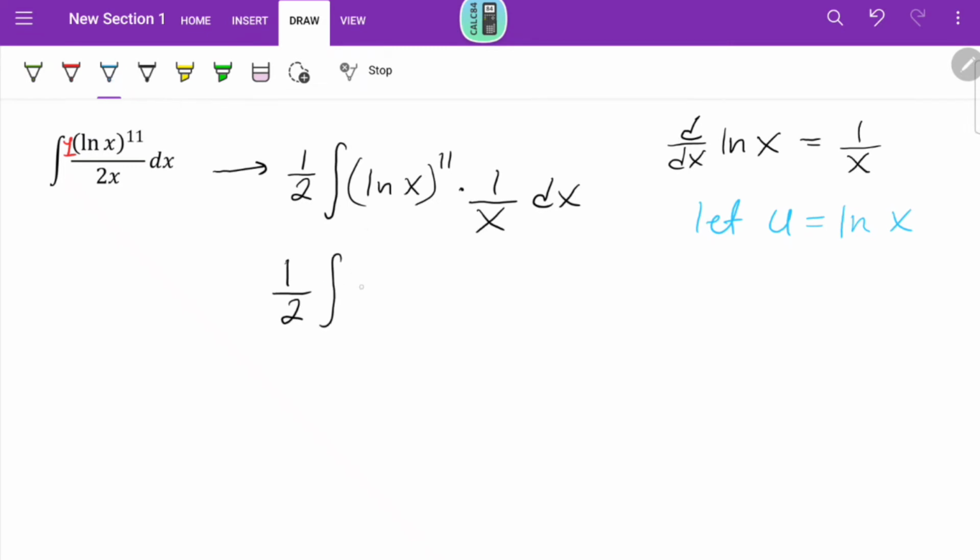That is going to be u to the 11th power. Take the derivative of u. du equals the derivative of the natural log of x, which is going to be 1 over x, and put your dx over here. And as you can see, we have the 1 over x dx, and that's just going to be du.